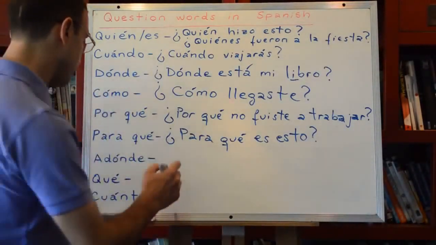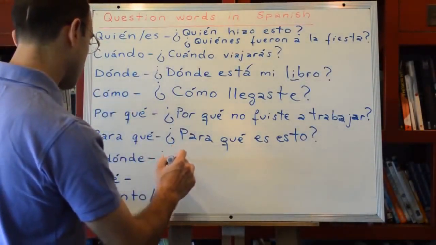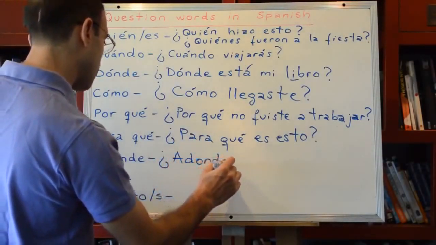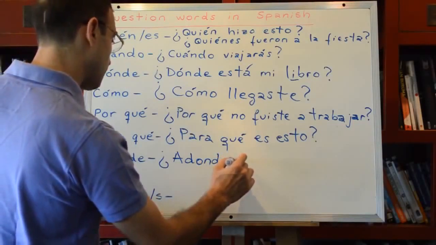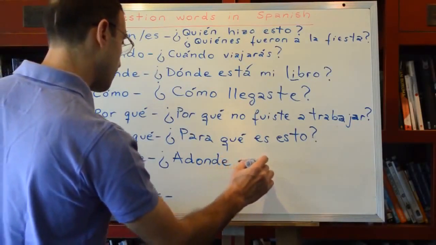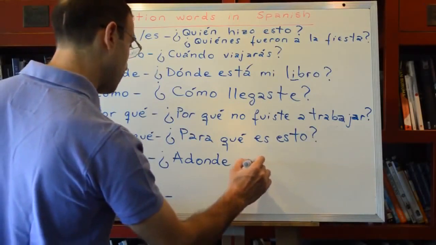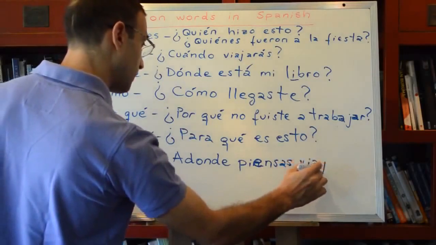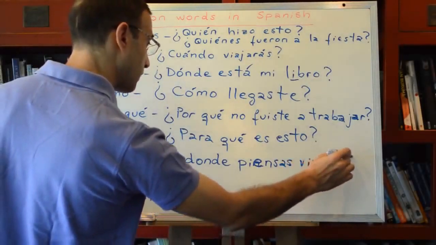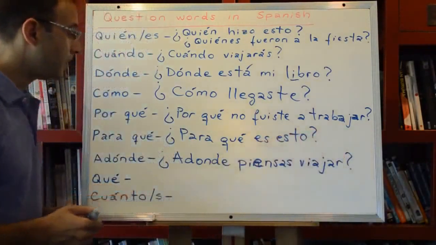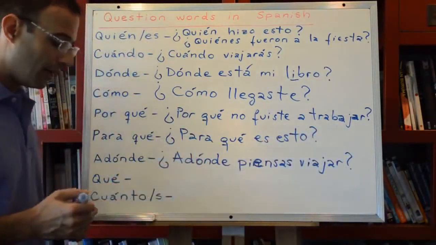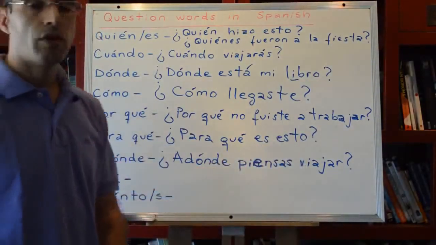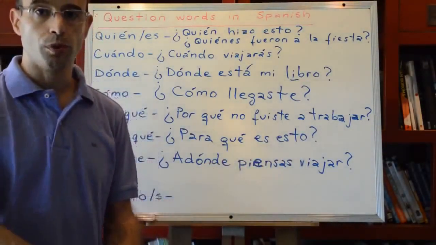For example, ¿a dónde piensas viajar? ¿A dónde piensas viajar? Piensas is simple present for second person in the singular, for tú, right?